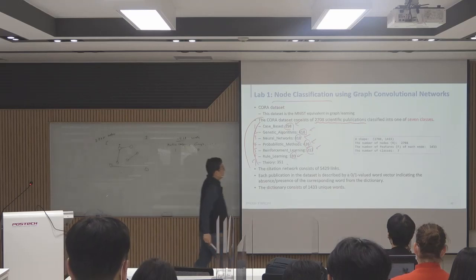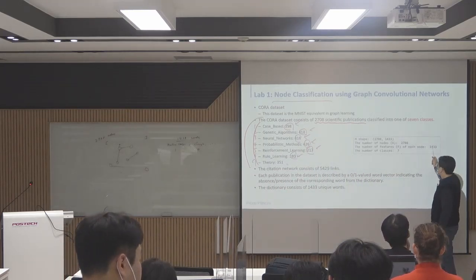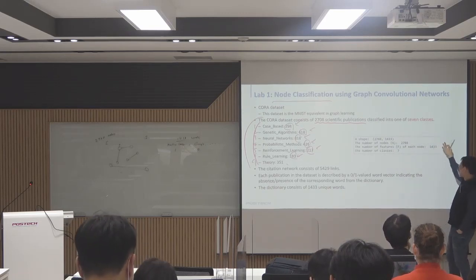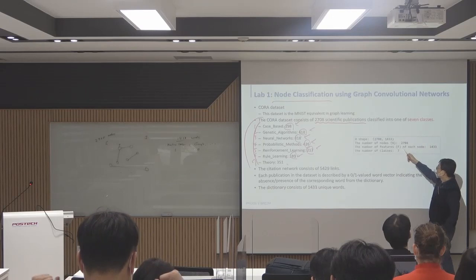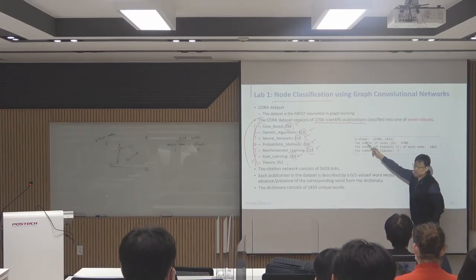So in summary, we have 7 classes, and the length of the features or messages is almost 1,400. And these are the number of papers, the number of nodes. And remember the H shape.